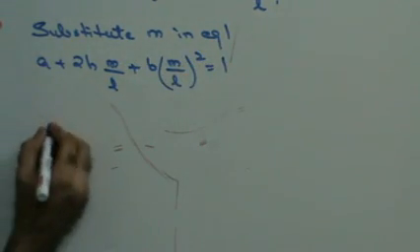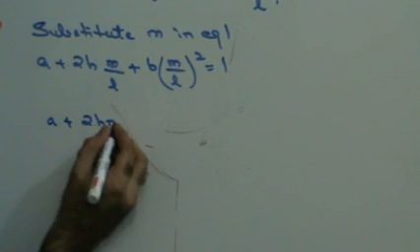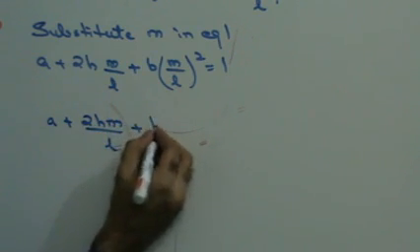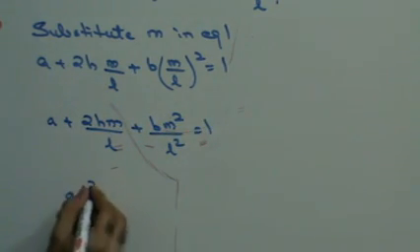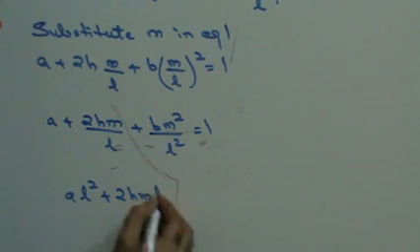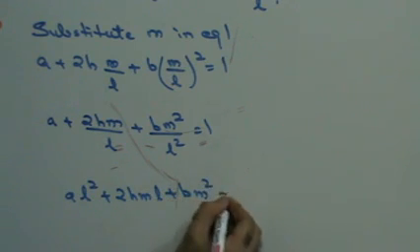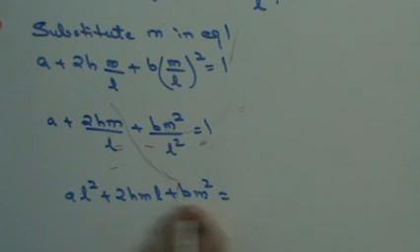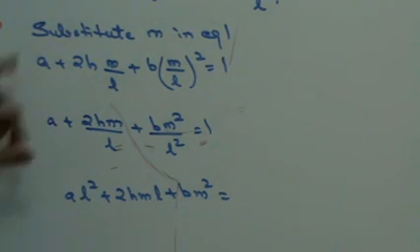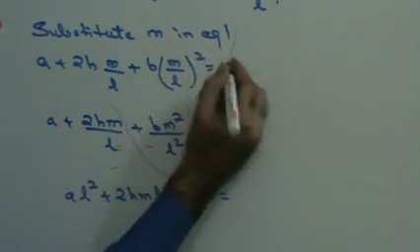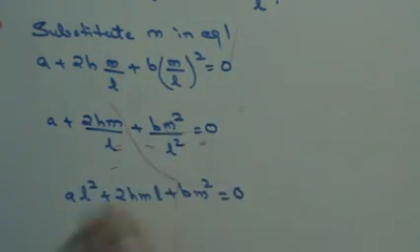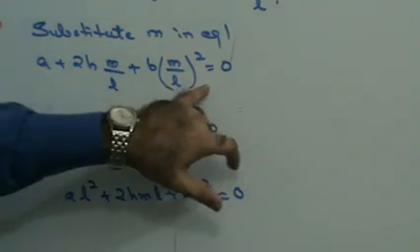So a plus 2hm upon l plus b m square upon l square, and this will be 0 because equation 1's right hand side is 0.